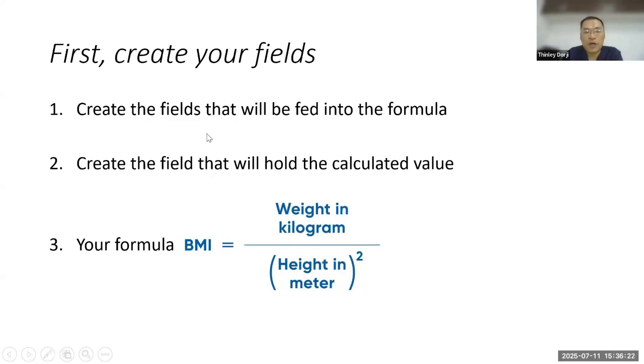First, you have to create all the fields that are going to feed into your formula. Right now you are going to create height and weight, because they feed into your formula, which is weight in kilograms and height in meters. You will also have to create a field that is going to hold the calculated value, that is the BMI.